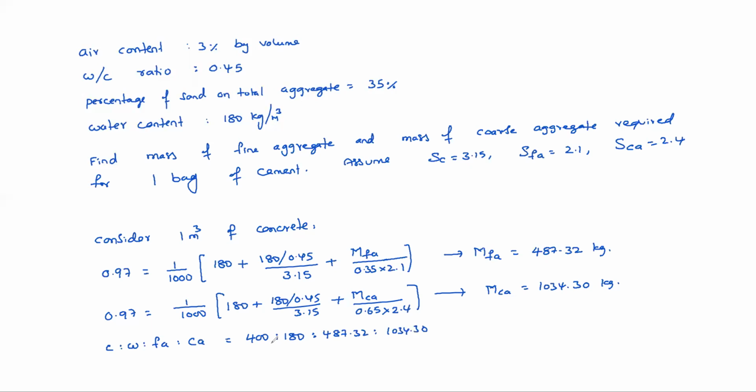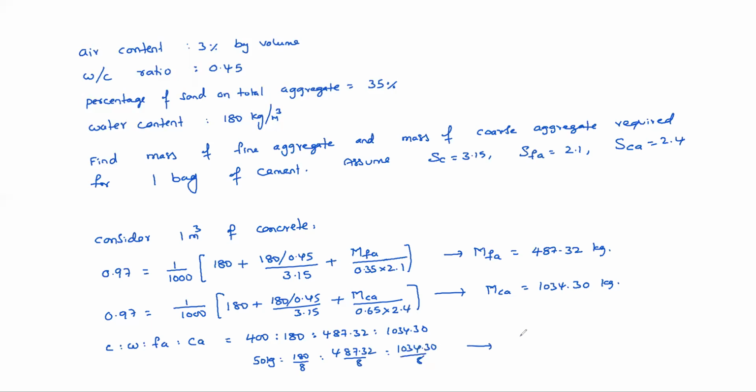So just divide by 8, you will get 50, right? So 50 kg is to 180 by 8 is to 487.32 by 8 is to 1034.30 by 8.